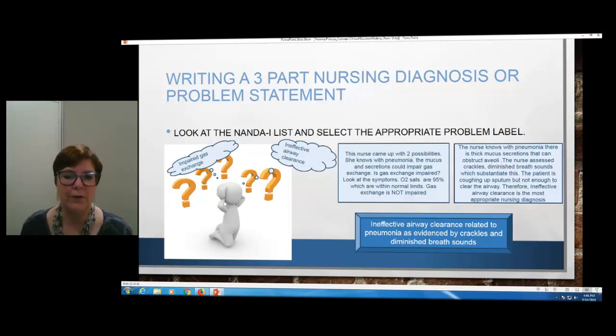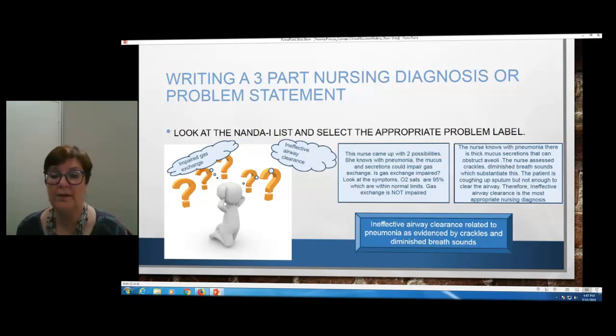So if her O2 sats are within normal limits, there is gas exchange occurring, and impaired gas exchange would not be the problem, would not be the diagnostic statement. But the nurse also knows that with pneumonia, there are thick mucus secretions that can obstruct the alveoli.